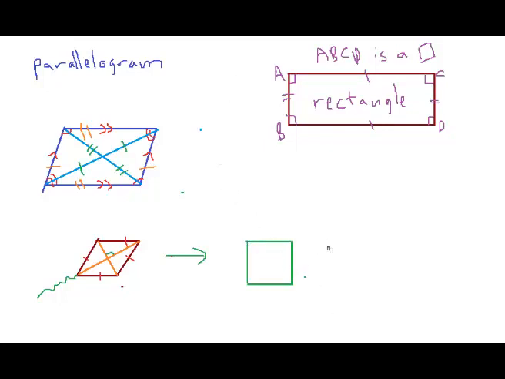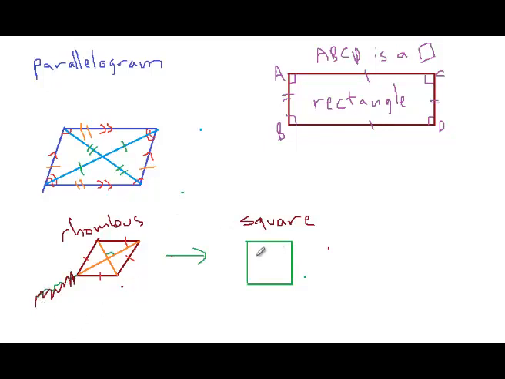In fact, let me write that down for both over here. This is a rhombus, and this is a square. The relationship between the parallelogram and the rectangle is kind of the same as between the rhombus and the square. Let me get rid of that tail over there. All right, I just made a bigger one.